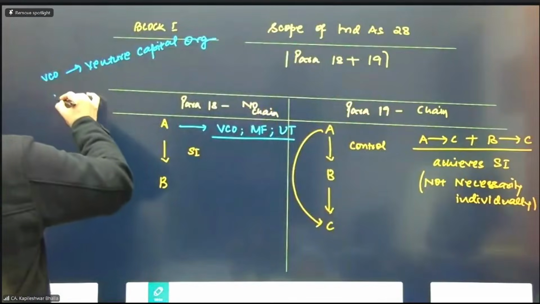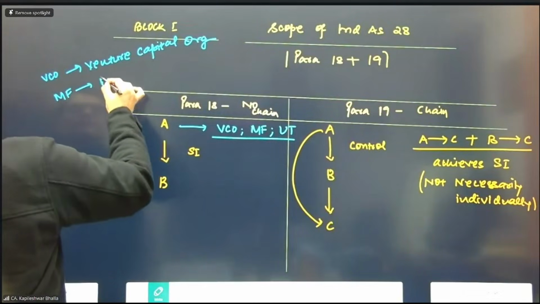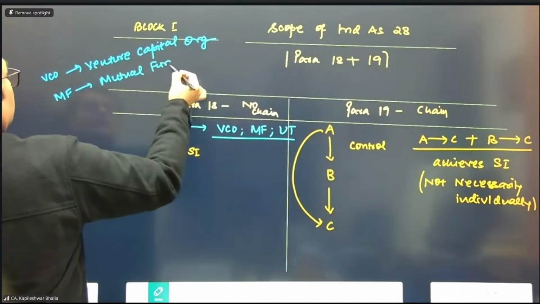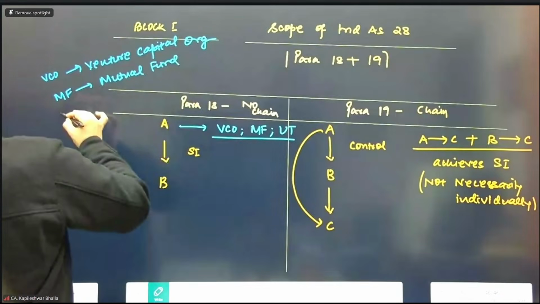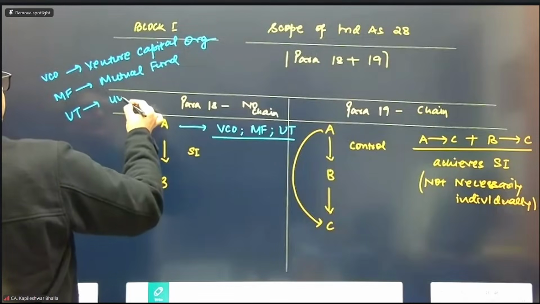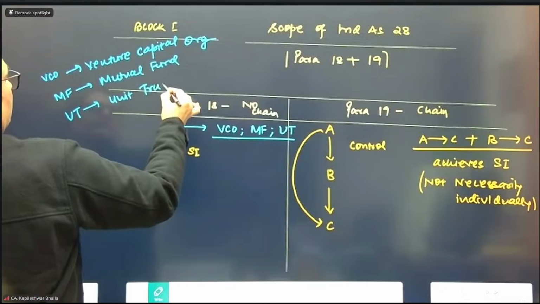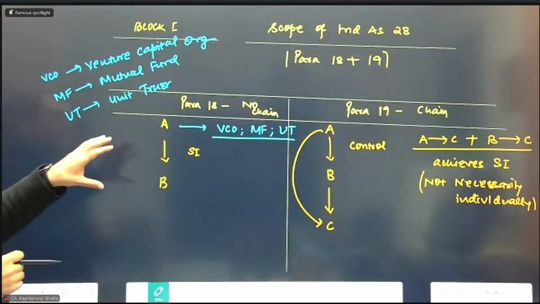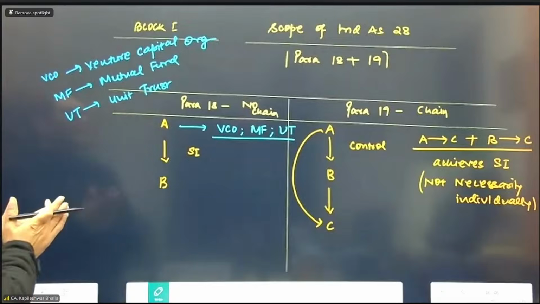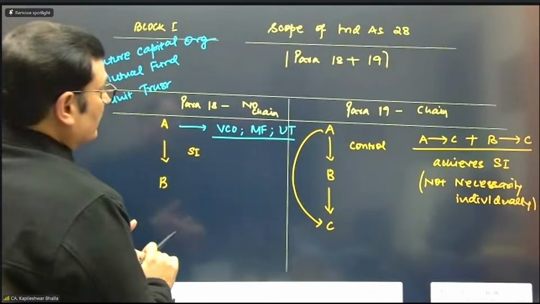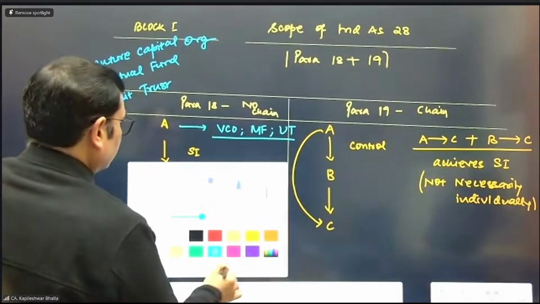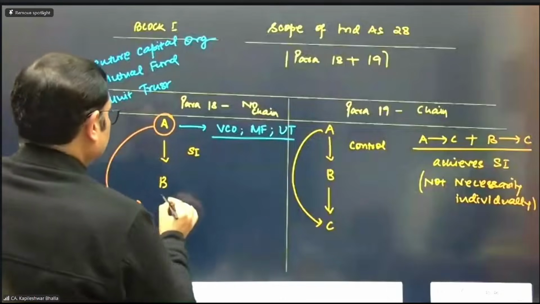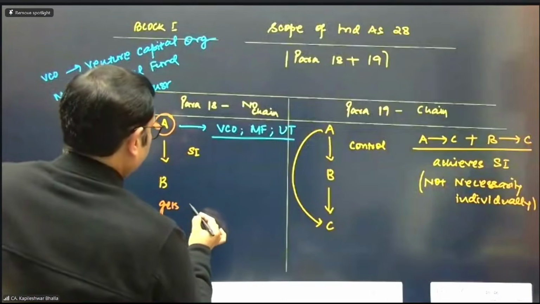And then MF would be mutual fund. So even if you're a mutual fund company, you may be holding a certain stake. Or UT, that is a unit trust. So we can say if A, the investor himself, is a venture capital organization, mutual fund, or unit trust, then in this particular case A gets a choice.